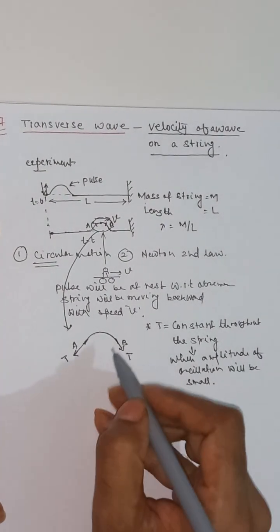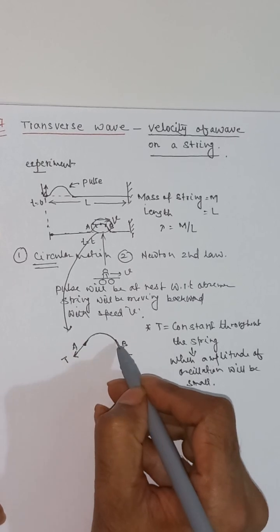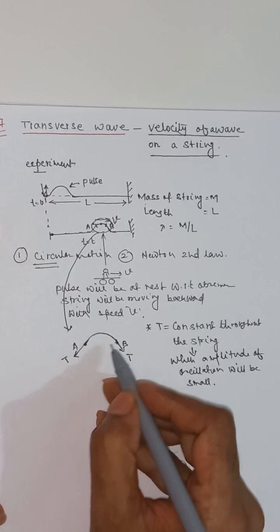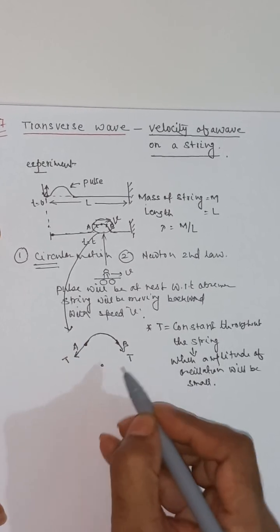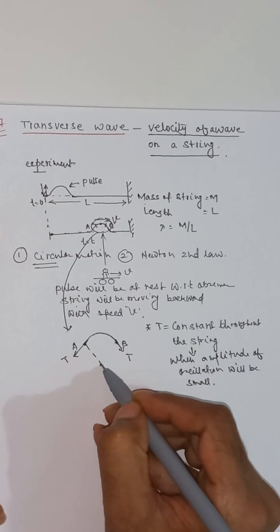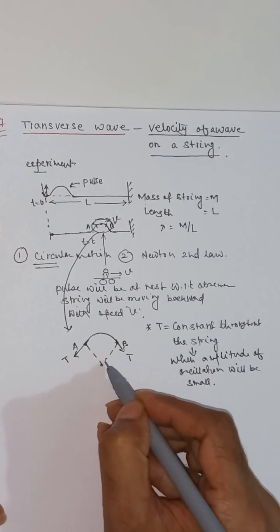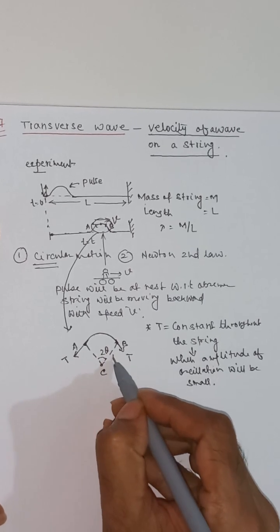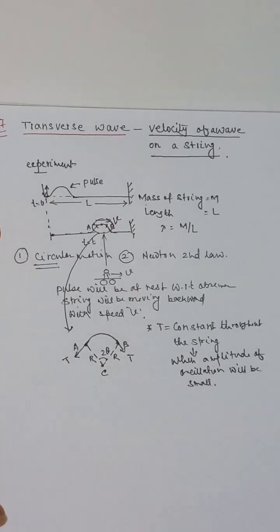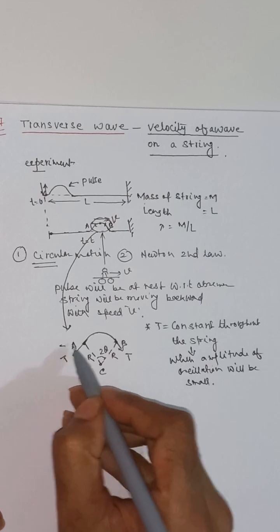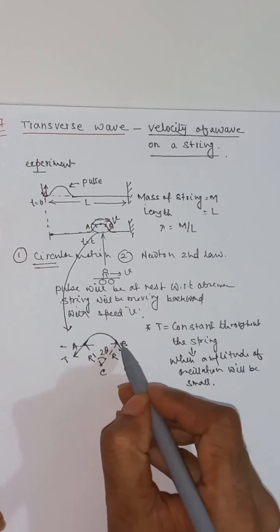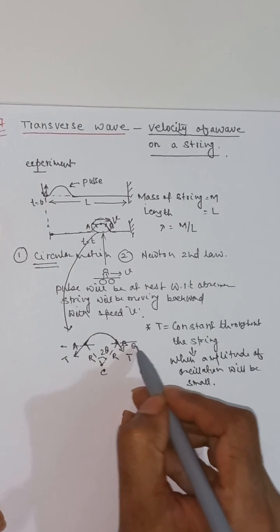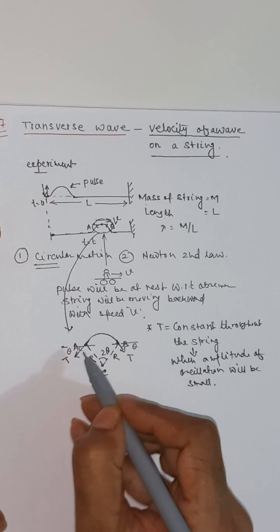So now we analyze this element AB. Say this element is a part of a circle whose radius is r, and this element makes an angle 2 theta at the center C. This radius is r. If I resolve these forces, this angle will be theta, this angle will be theta.